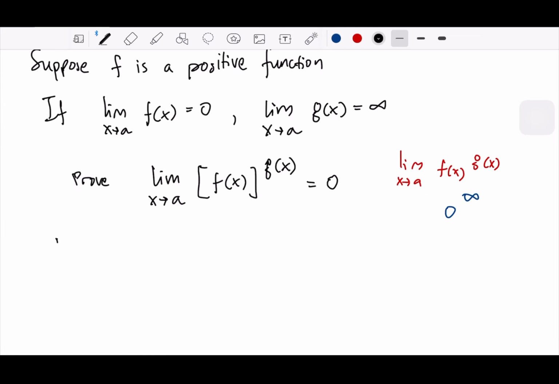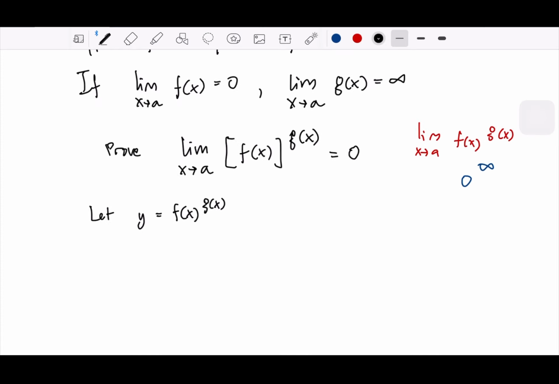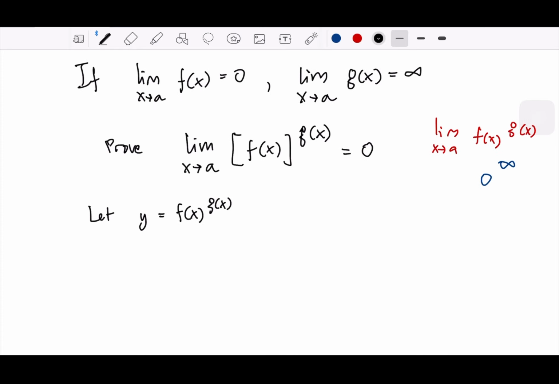So first, let y equal f of x to the power g of x. We are going to have some simplification and some rewriting. So take ln y, and then take ln of both sides.